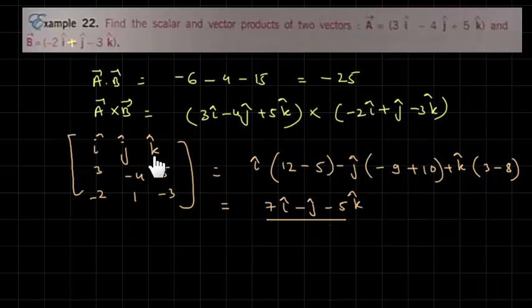And this is again plus, so plus k cap times 3 into 1 minus 4 into minus 2. Those two negatives will get cancelled, so it will be k cap into 3 minus 8, which will give you 7 i cap minus j cap minus 5 k cap. So once again, for i we just write it here as positive and we do this multiplication minus this multiplication.